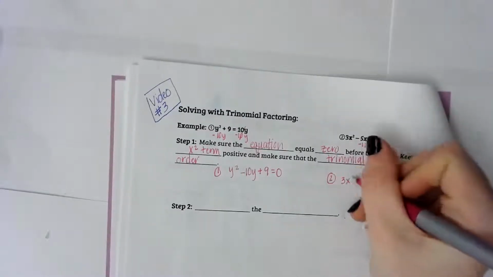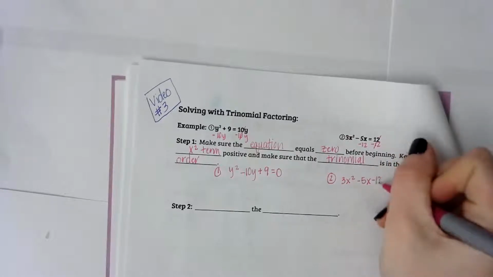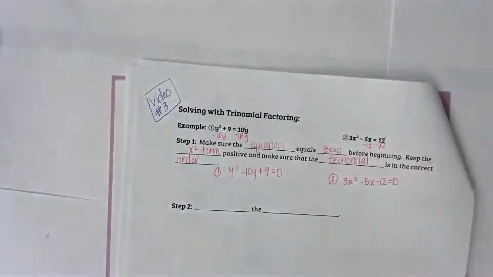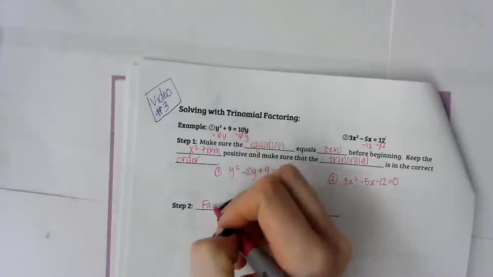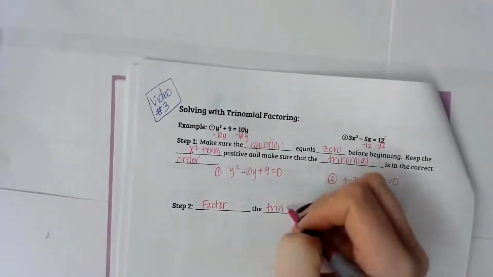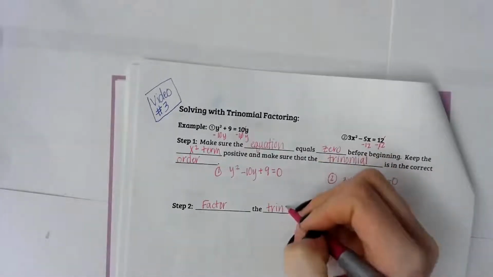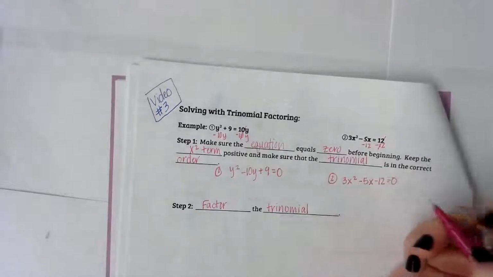So 3x squared minus 5x minus 12 equals 0. Okay, so then step 2 is you are going to factor the trinomial. So like we did in the last two videos.